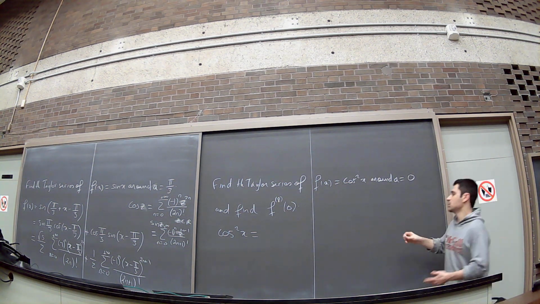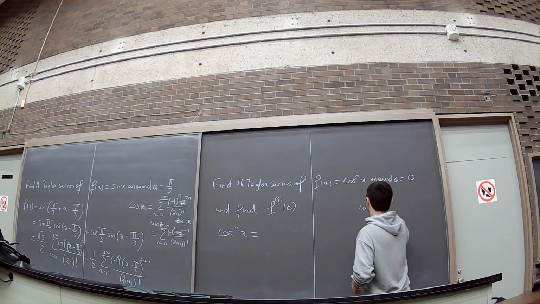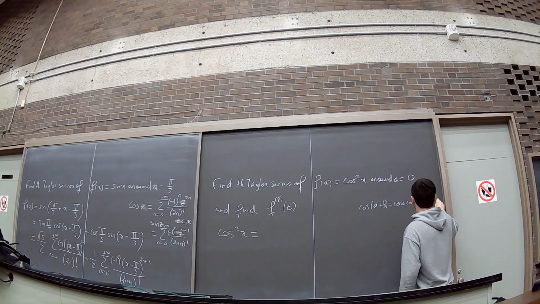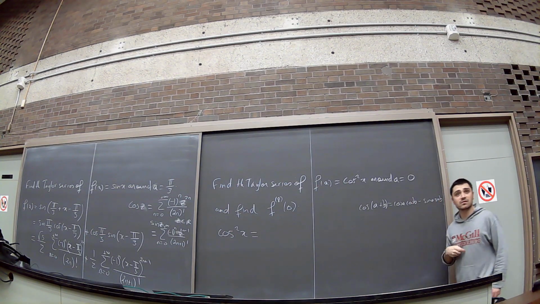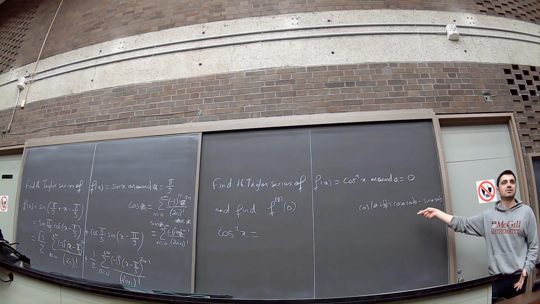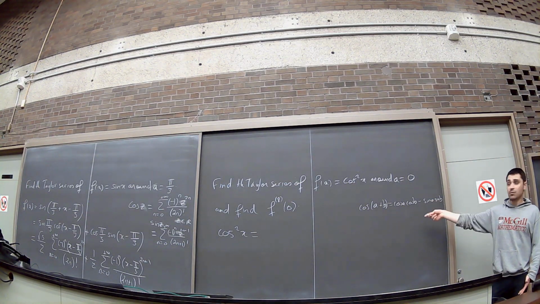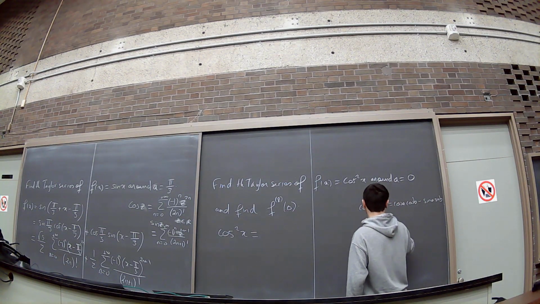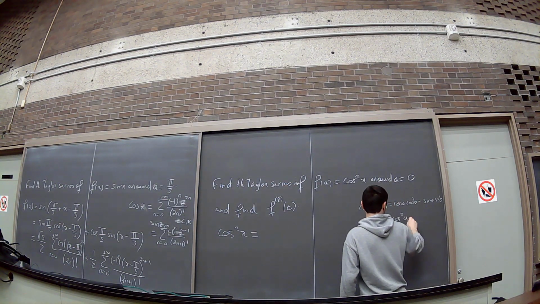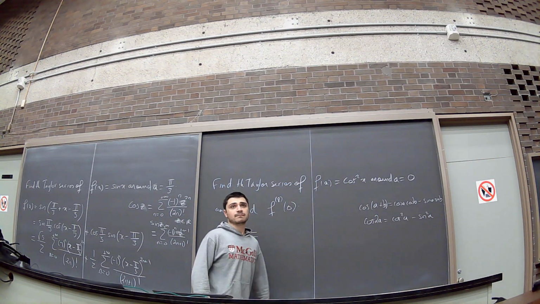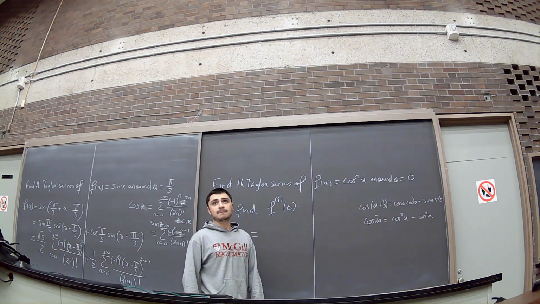Cos A plus B is cos A cos B minus sine A sine B. Right? Agreed? Yes, this you have to know. Now what do you do? Plug in B equals A, you get cosine 2A, which is cos squared A minus sine squared A. Great.